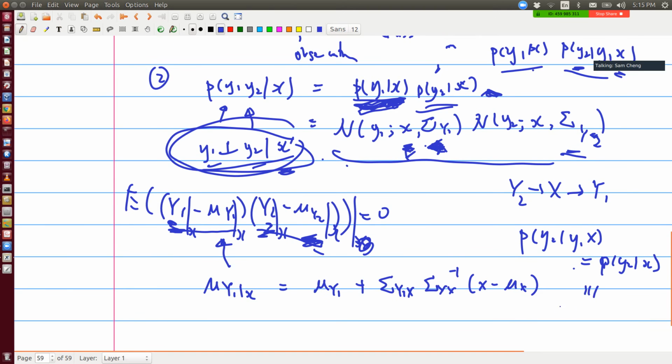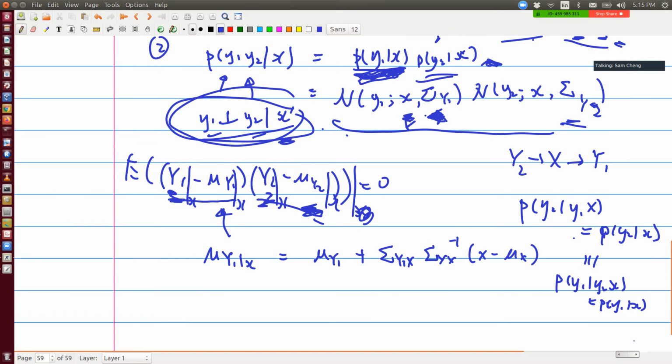This is equivalent to p(y1 given y2, x) equal to p(y1 given x). You can show it either way, and this is also equivalent to p(y1 given x) times p(y2 given x) equal to p(y1, y2 given x).